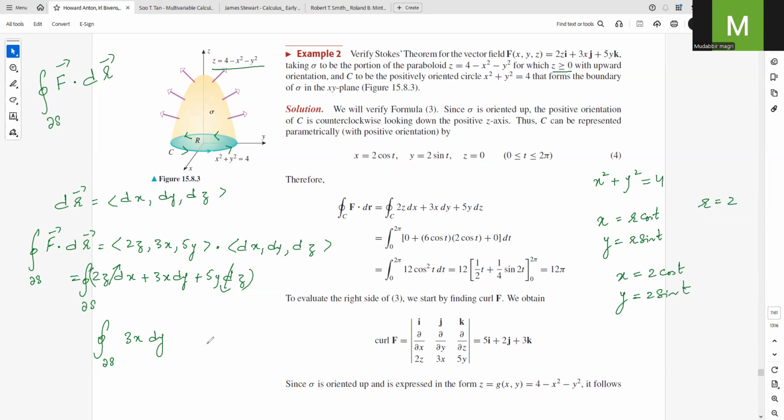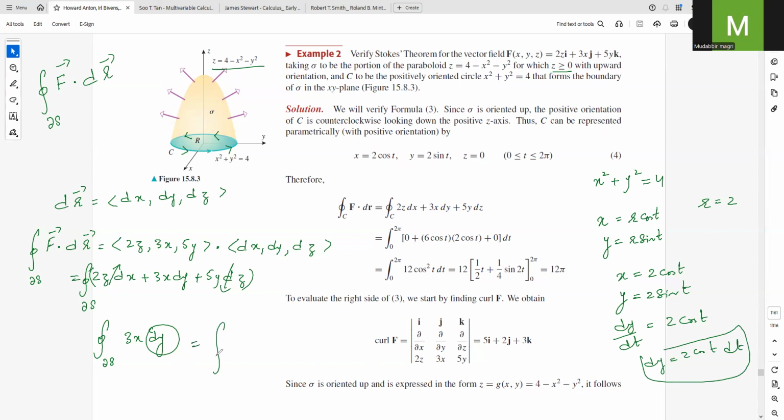For dy in terms of dt, we differentiate, so dy is 2 cosine t dt.